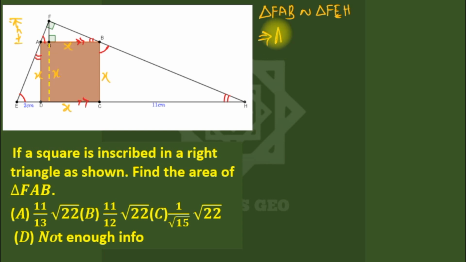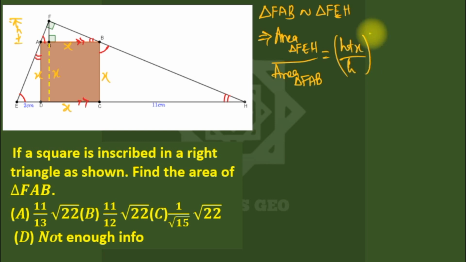So we know that the ratio of areas of similar triangles, the ratio of triangle FEH to that of the small one, triangle FAB, will be the ratio of the squares of their corresponding sides. So h plus x, that's the height of this big one, corresponds to the height of the small one, which is h, squared.